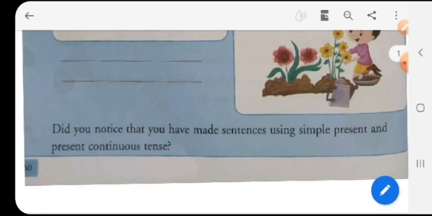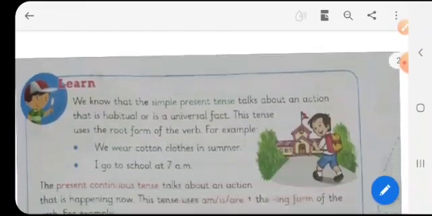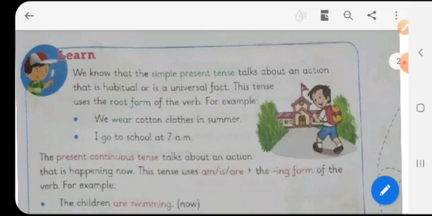So, in these four sentences, we have seen how we have used the simple present and the present continuous tense. Now, we know that the simple present tense talks about an action that is habitual or is a universal fact. So, that kind of sentence we write in simple present tense. This tense uses the root form of the verb, that is the base of the verb. Like for instance, the verb go.